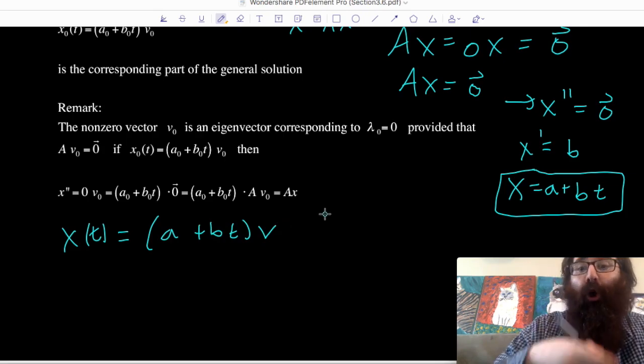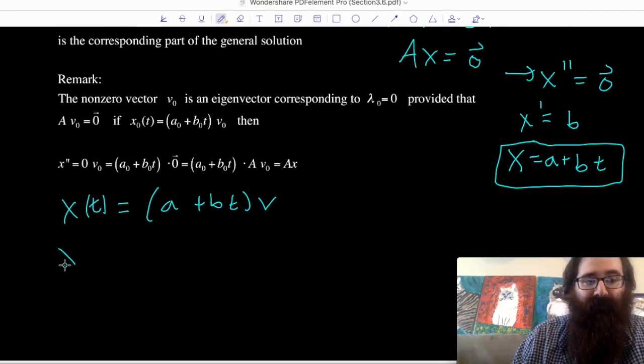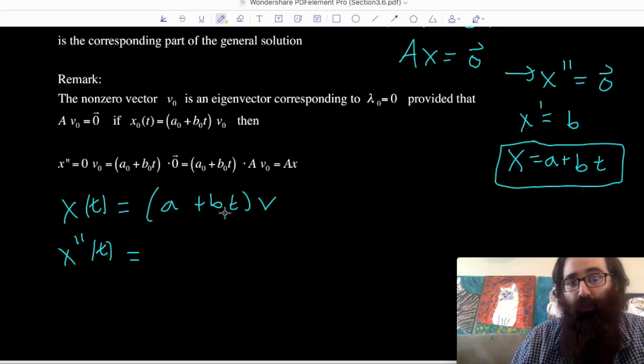Now, I can show in the other direction if I really want to, that this implies that the second order derivative is going to give me 0, and here really meaning the 0 vector. We would just look at this and say, okay, the derivative of the constant is 0, the derivative of bt gives me b, and then I differentiate once more, so now the derivative of b gives me 0 anyways.